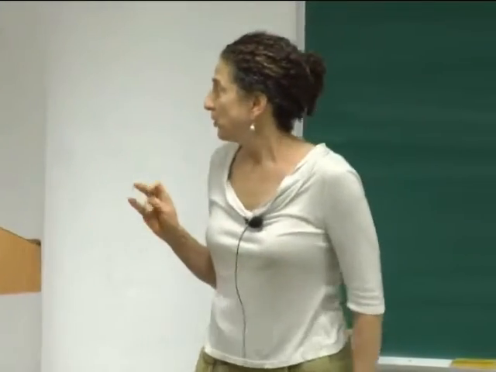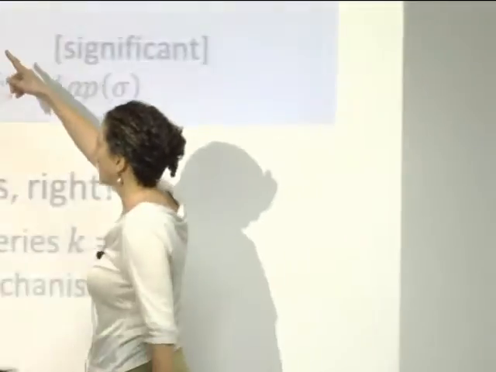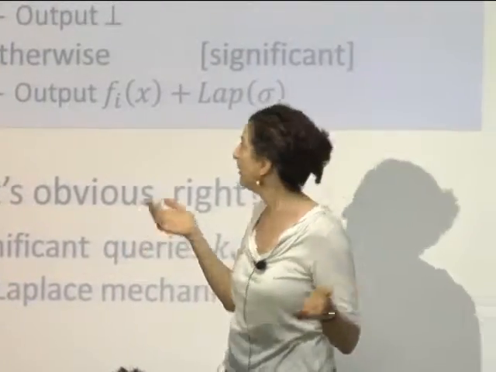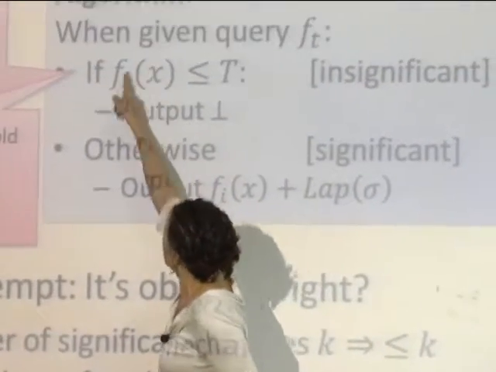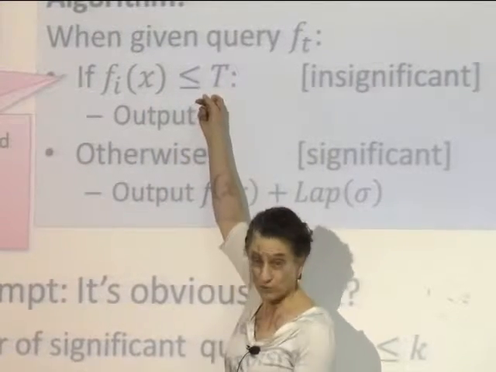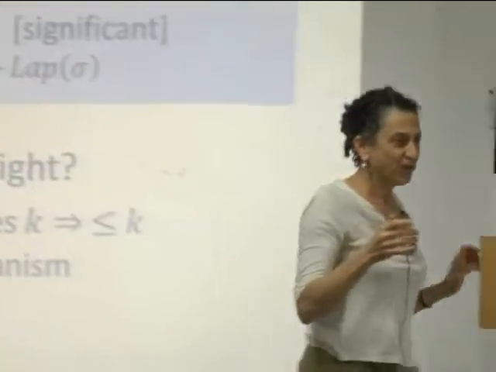First thing that we're going to do, so it's clear that because this leaks private information, we're going to have to add some kind of noise to it. Either we're going to add noise to this and compare it to the threshold, or we'll add noise to the threshold. That's the same thing because our noise is symmetric. It turns out we're going to do both.